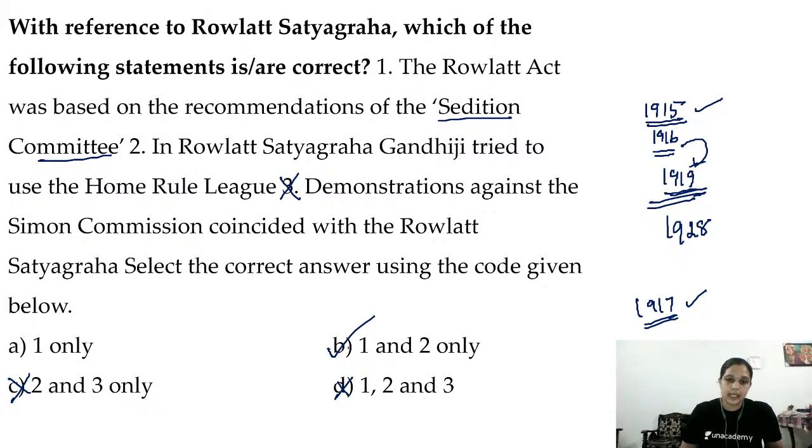Okay, so the second is right. It started in 1916 and reached its peak, then it was present but not much spoken about. Many people will think that might not be the answer and many went for one only. But though it reached its peak in 1916, it was not closed; the Home Rule League was there for a very long time. Even the name was changed later to Swatantra.